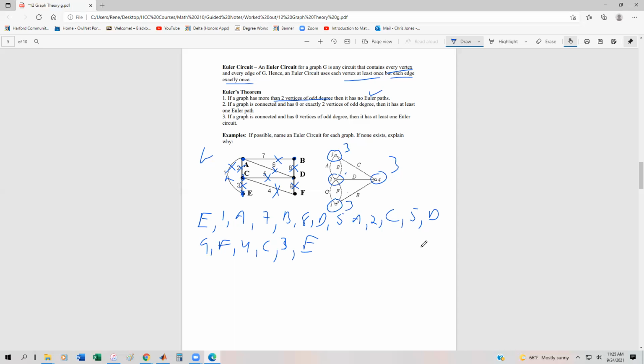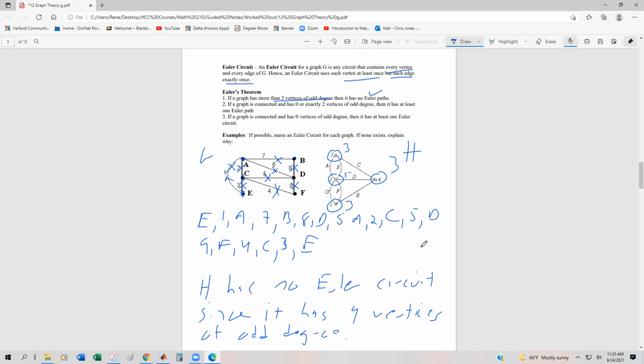But right here, that has a degree of 5. All right, so let's call this graph H. We can say that H has no Euler circuit since it has 4 vertices of odd degree.